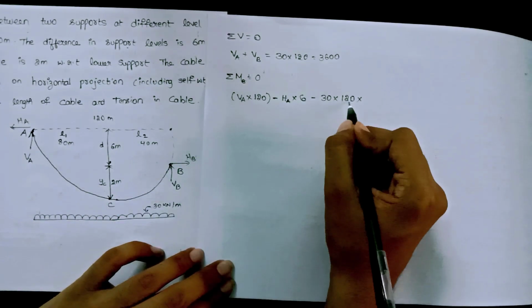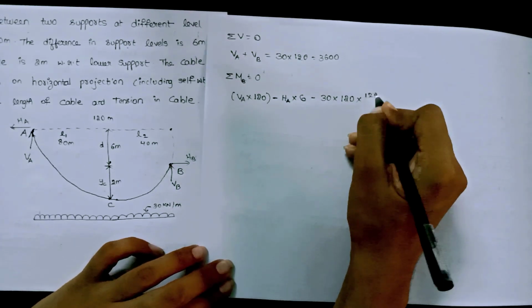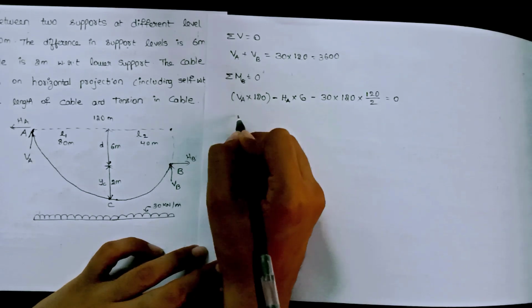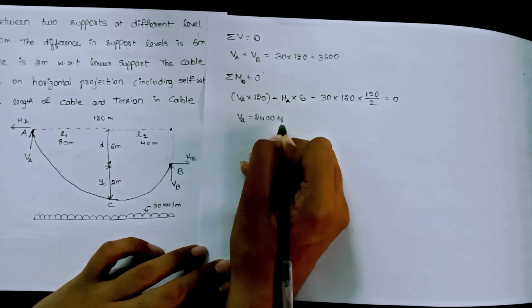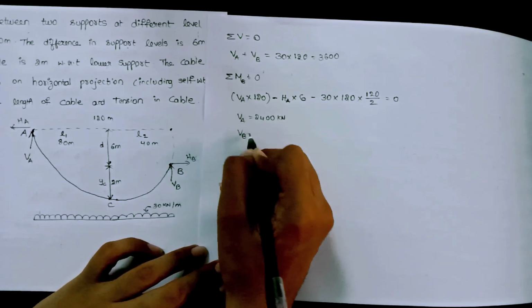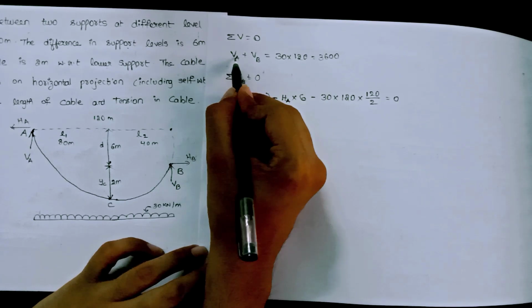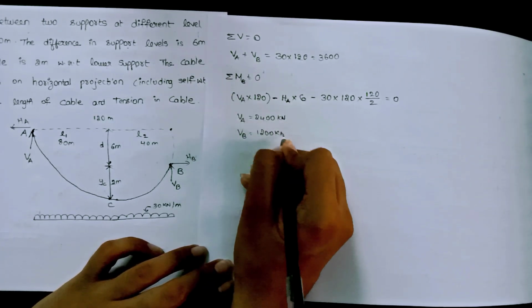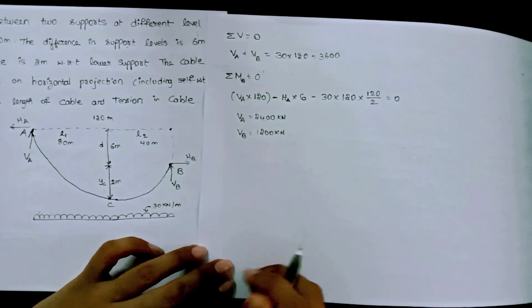So if 120 is the total length, then center of UDL point will be 120 by 2, finally equal to 0. Now if you simplify this, VA equal to 2400 kilonewton and VB. In order to get VB, place this 2400 kilonewton in this equation, you will get VB equal to 1200 kilonewton. Okay, these are the vertical reactions we have obtained.